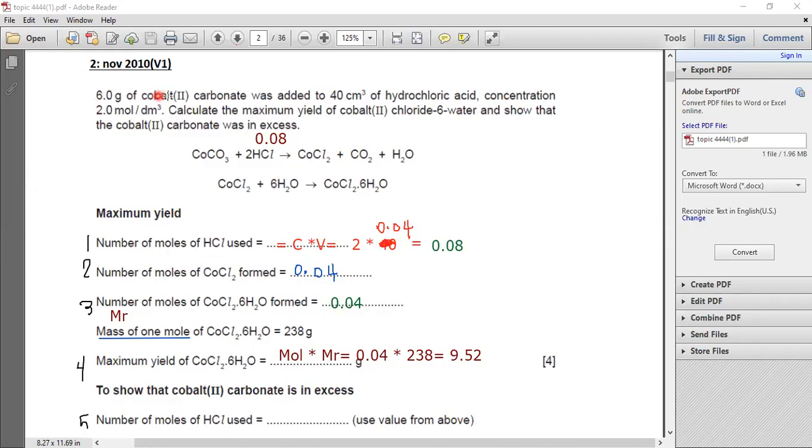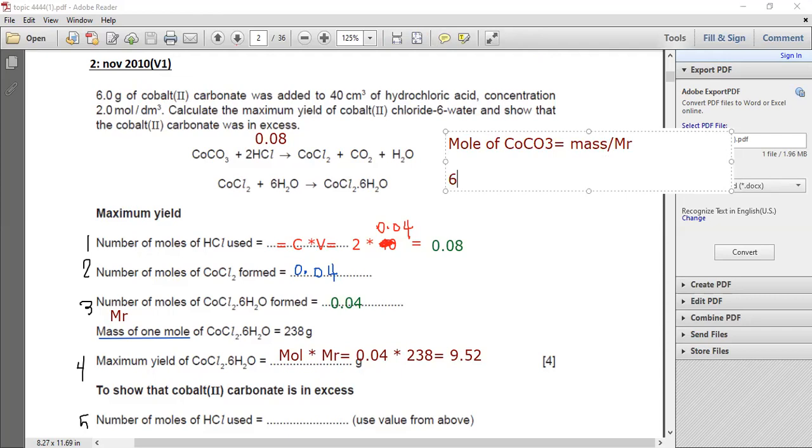Look, I have here cobalt carbonate, 6 grams. So I need to find the number of moles of CoCO3, which equals mass divided by Mr. What is the mass of cobalt carbonate in the question? 6.